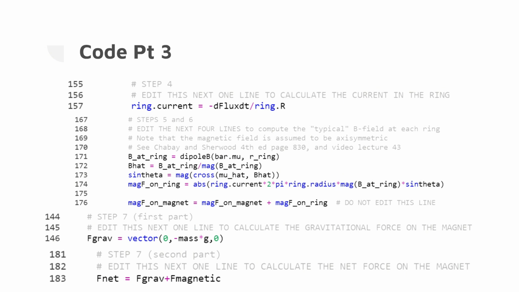Then we are summing up all the forces of all those individual rings. Using Newton's third law, we know that the ring exerts an equal and opposite force on the magnet, meaning the force the magnet exerts on the ring equals the force the ring exerts on the magnet. So then we can sum up all the forces that are acting on the magnet, which are gravity and also the magnetic force, to get the total force that's being exerted on the magnet.